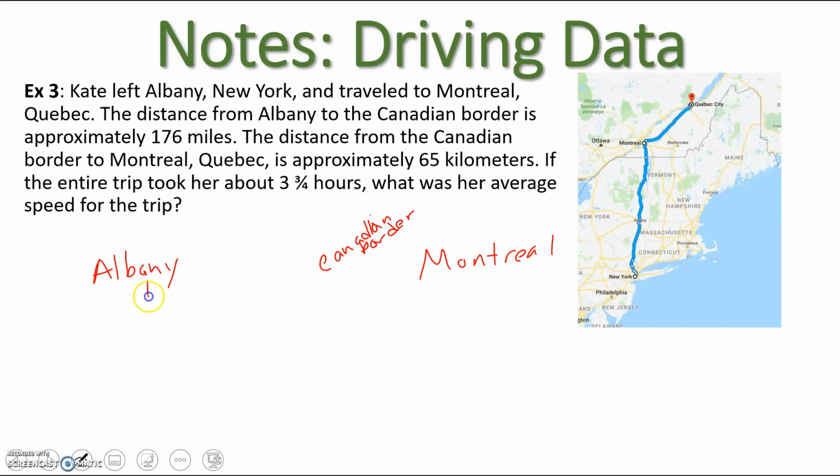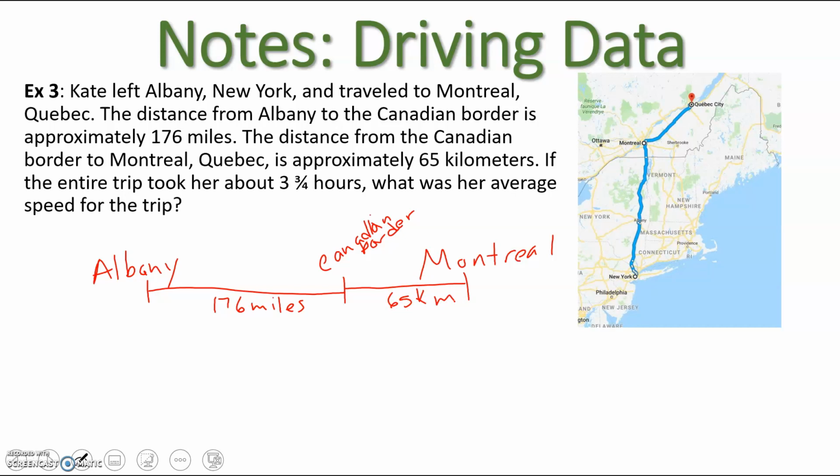Now she goes from Albany to the border, and from the border to Montreal. We know that the approximate distance from Albany to the border is 176 miles, and we know the approximate distance from the border to Montreal is 65 kilometers.